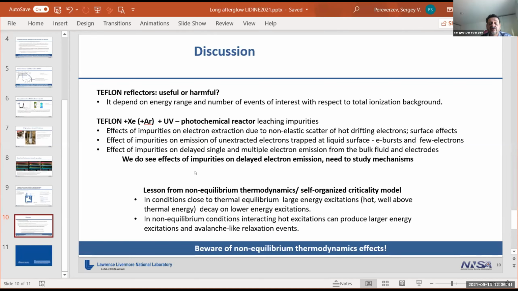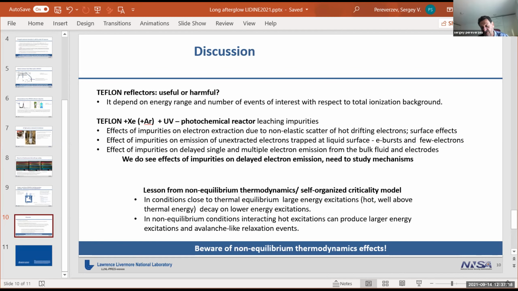If a system is close to equilibrium and you produce large energy excitations, these hot excitations can produce excitations with lower energy and so forth, so you have a cascade of decreasing energy. But in non-equilibrium conditions, when you produce excitations which have long lifetimes, they have a chance to collect together and produce more energetic excitations, and you will have another cascade going in the opposite direction.